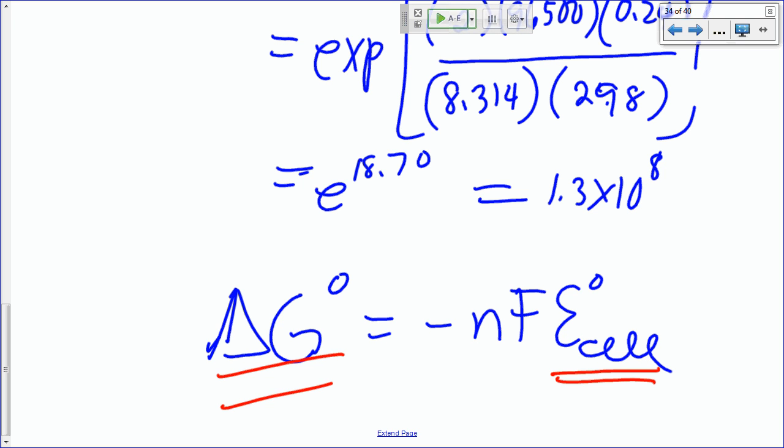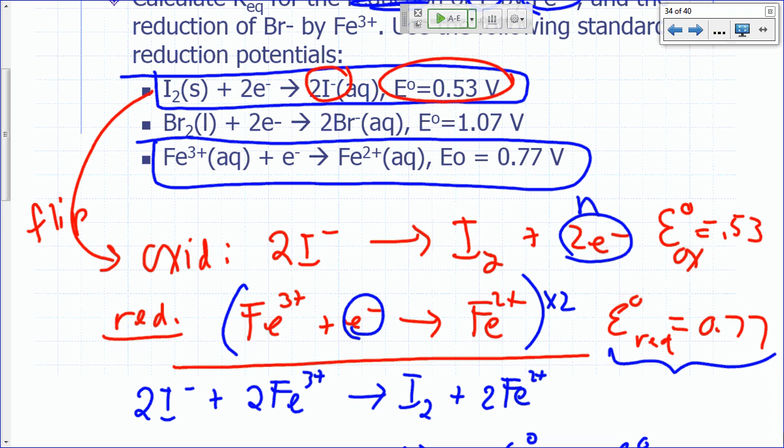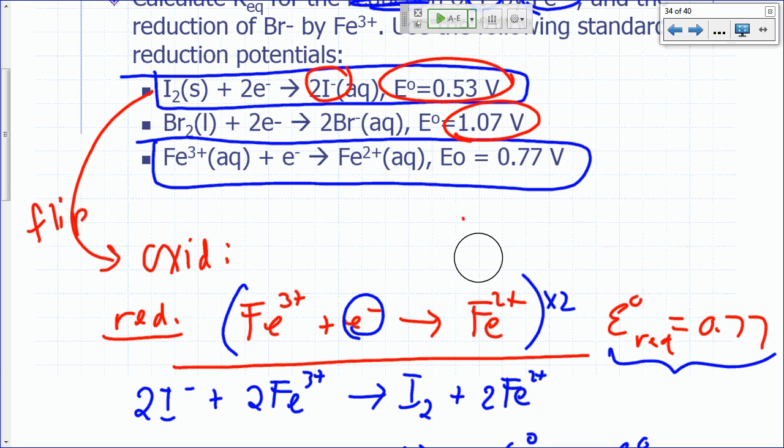Okay, so let's try the other case. This time let's do bromide. Instead of 0.53, we're going to use 1.07. So our oxidation potential for bromide this time is going to be: 2 bromide yields Br2 liquid plus 2 electrons.